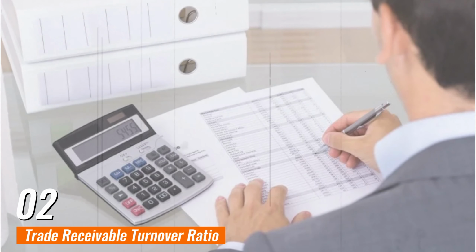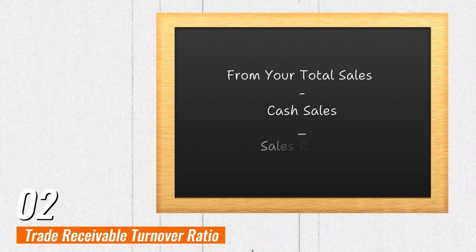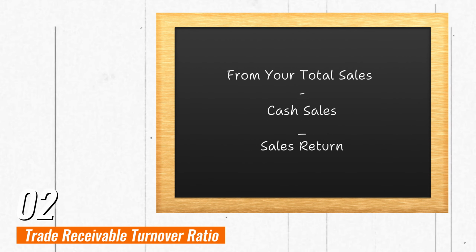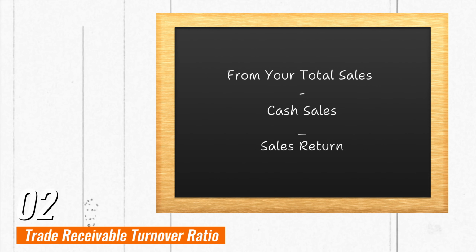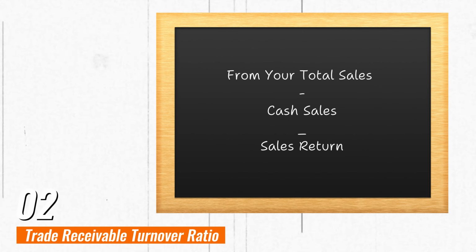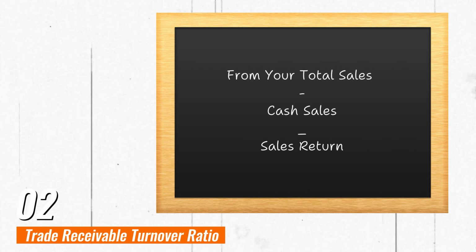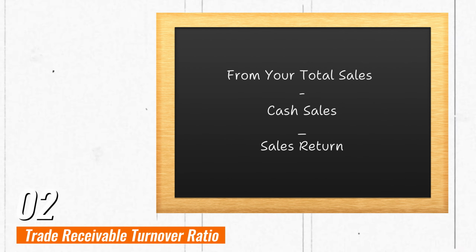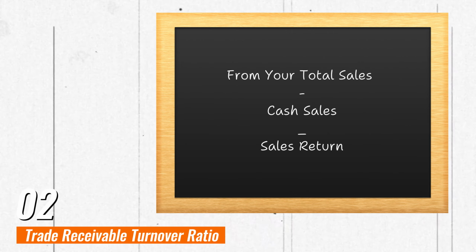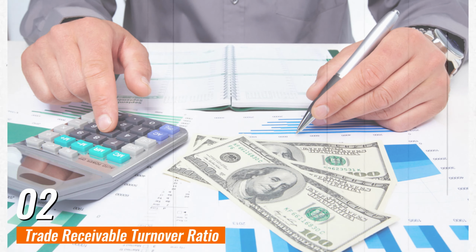From the total sales we have done in the full year, or in the full month, for whichever time period we are calculating the ratio, minus the cash sales and minus the sales return. These both are deducted from the total sales in order to calculate the net credit sales or the net credit revenue from operations. So this was the numerator's formula.